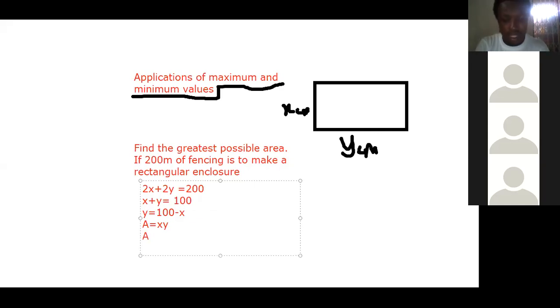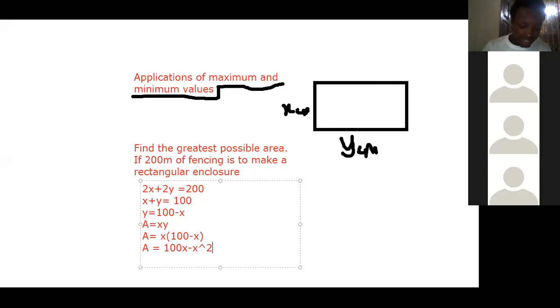So now we can say A is equal to x into brackets 100 minus x. So A is equal to 100x minus x raised to the power 2.